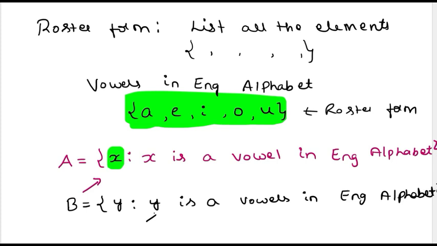Y is a vowel means A, E, I, O, U in place of Y. That is understood. We can take any variable here. So how to read it: A is equal to the collection of all X such that X is a vowel in the English alphabet.